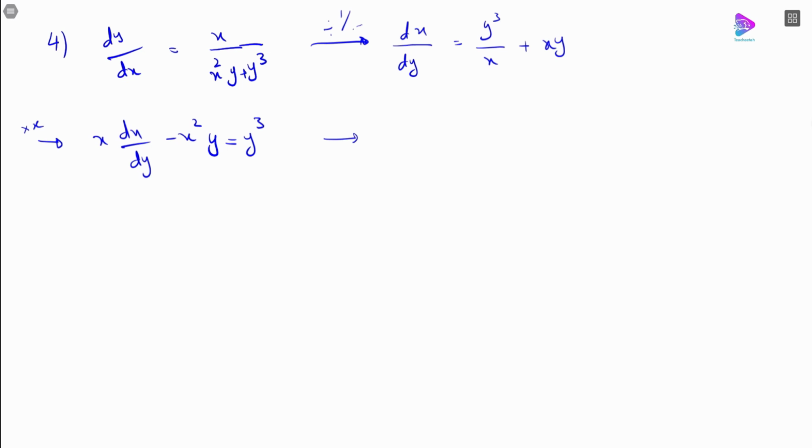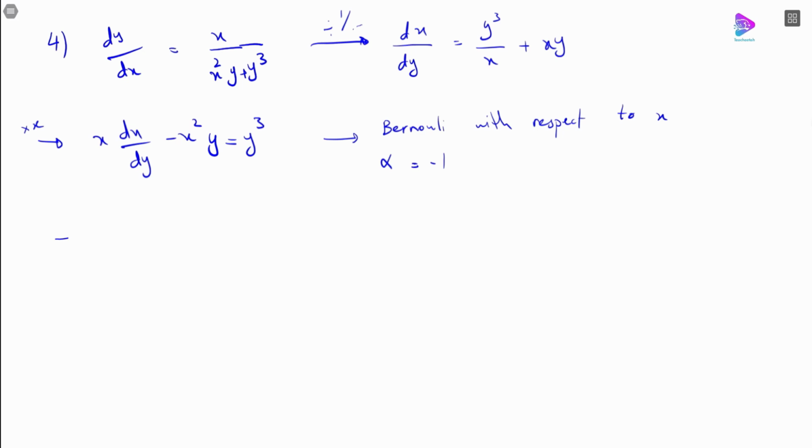So now this is Bernoulli with respect to x, correct? And then α in this case is -1, right?